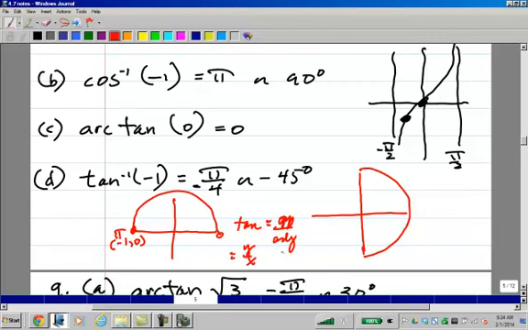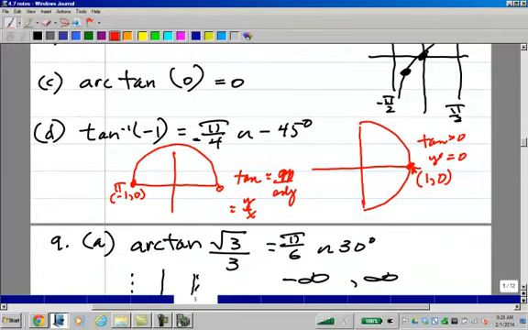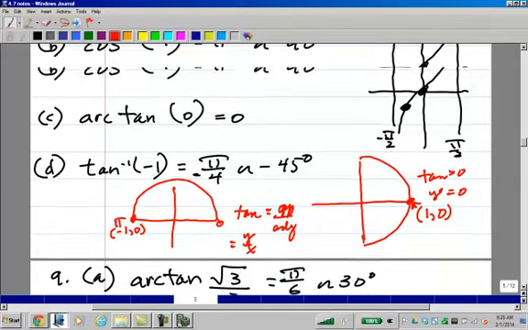So when the tangent equals 0, y equals 0. Now, in this right-hand hemisphere, where do you have an xy coordinate where y is 0? Well, at 0 degrees. Here, x is 1 and y is 0 at this point right here. So, clearly, at 0 degrees, the tangent is 0.